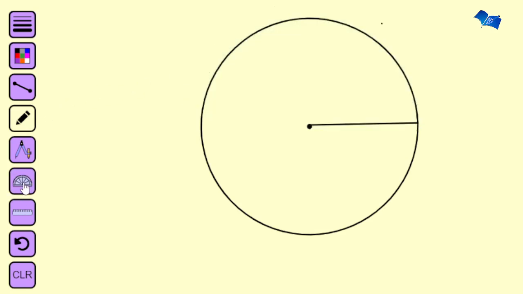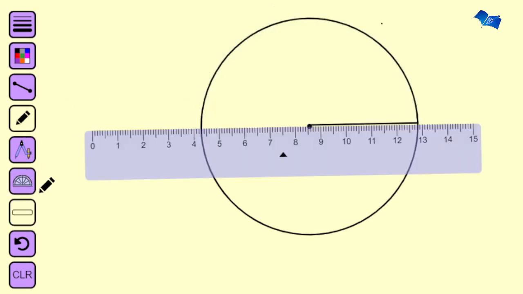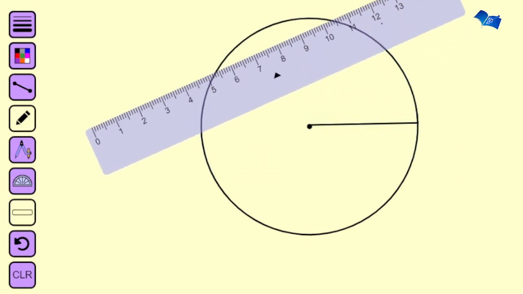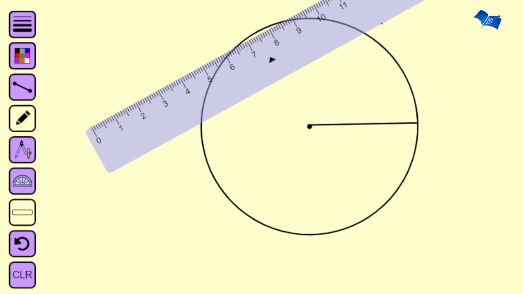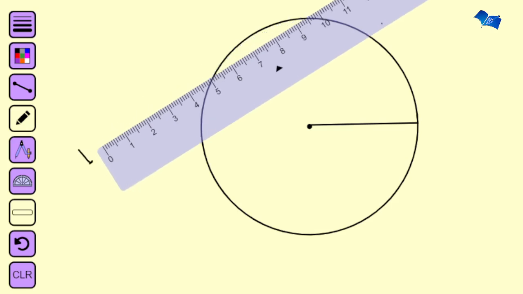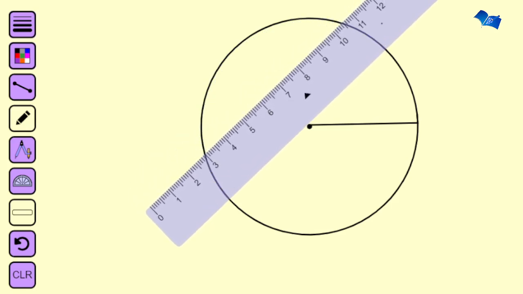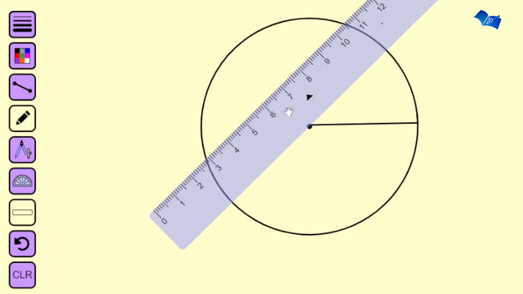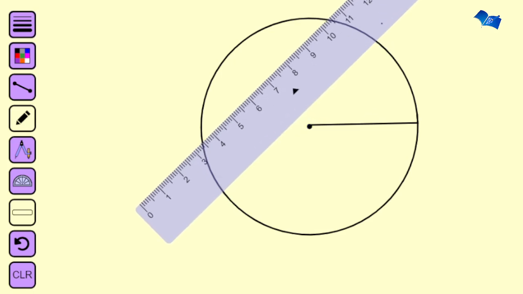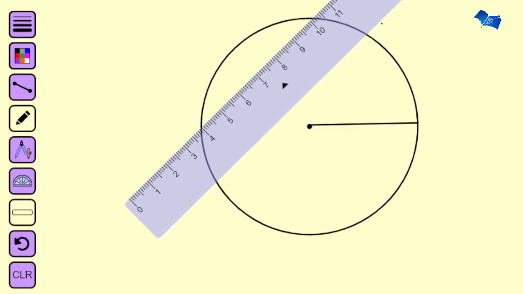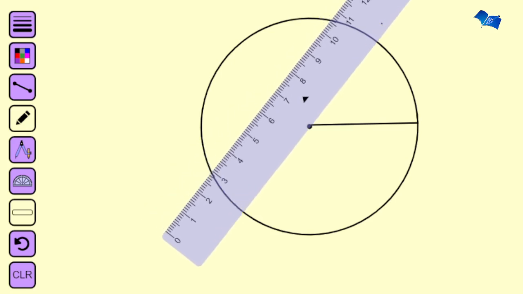Remove your protractor, bring your ruler and join that point that you marked to the center of the circle. Join it to the center of the circle. All right? Hold on. So I want to join this to the center of the circle.